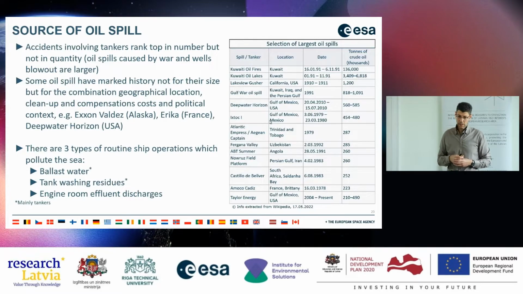These are so-called ballast water, which mainly involves tankers, so not passenger ships or pleasure ships. Then there is also the tank washing procedure, which also involves mainly tankers. And also the engine room effluent discharges.